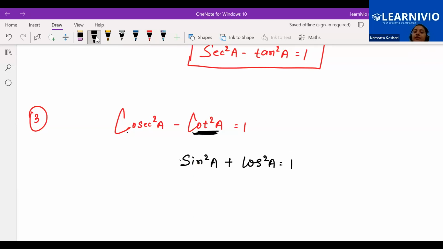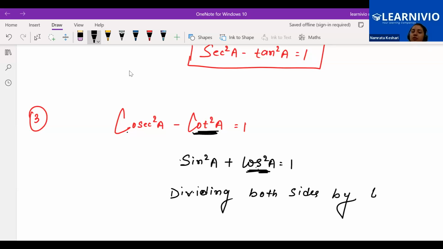If we divide both sides by this... I want to make cot by dividing. Cos is there, sin is there, but we will focus on making cot.